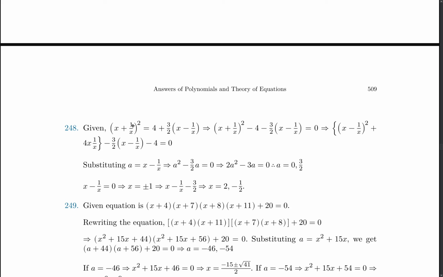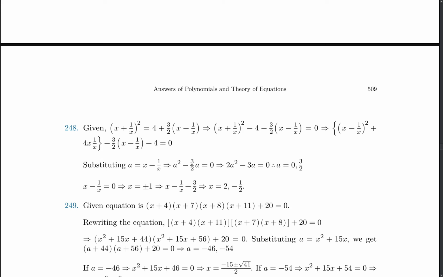So we have x plus 1 by x whole square is equal to 4 plus 3 by 2 x minus 1 by x. We bring everything to one side and then we can write that x minus 1 by x whole square plus 4x into 1 by x minus 3 by 2 into x minus 1 by x minus 4 is equal to 0. Then we substitute a is equal to x minus 1 by x.